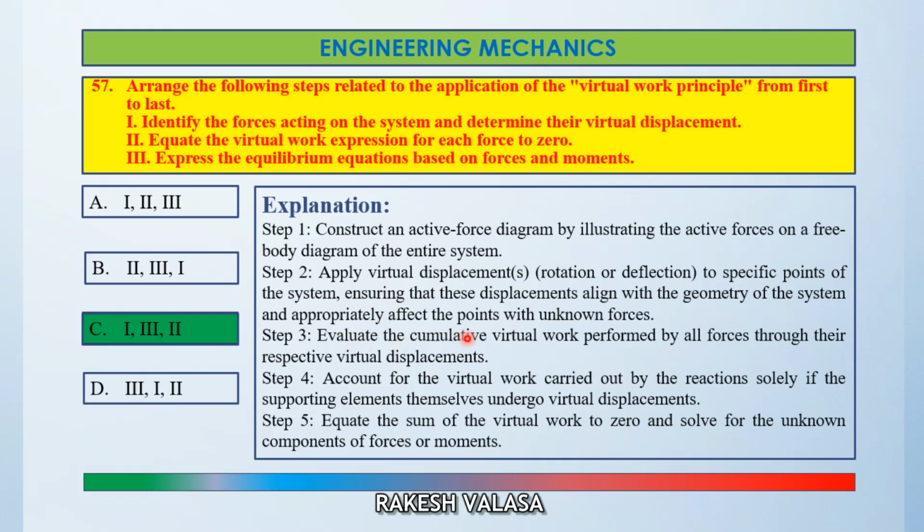Evaluate the cumulative virtual work performed by all forces through their respective virtual displacements. Step 4. Account for the virtual work carried out by the reactions solely if the supporting elements themselves undergo virtual displacements. Step 5. Equate the sum of the virtual work to 0 and solve for the unknown components of forces or moments. So the correct answer is option C, 1 3 2.